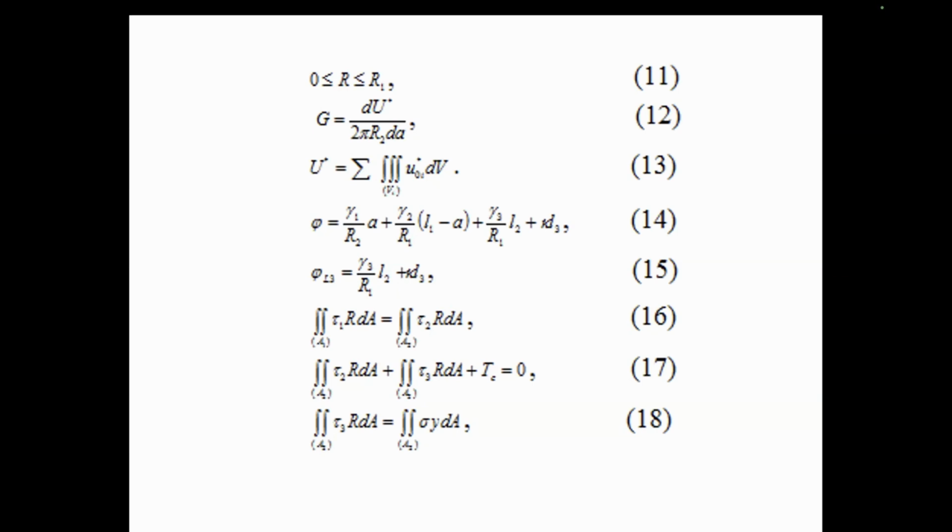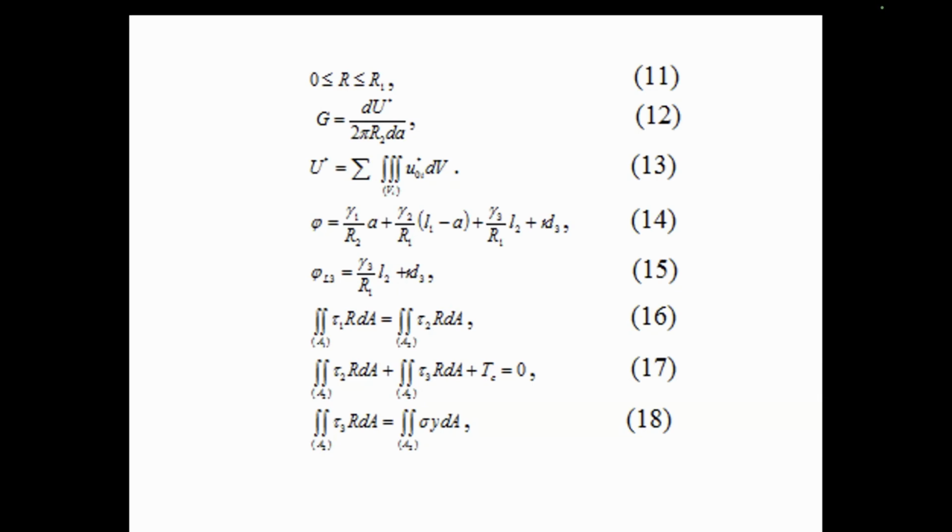The shear strains on the surface of the portions of the vertical member of the shaft, the angle of twist of section L3, and the curvature K of the horizontal member of the shaft, which are used to calculate the complementary strain energy density, are derived by applying equations from number 14 to number 18.